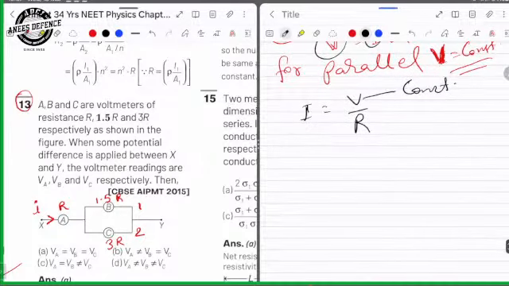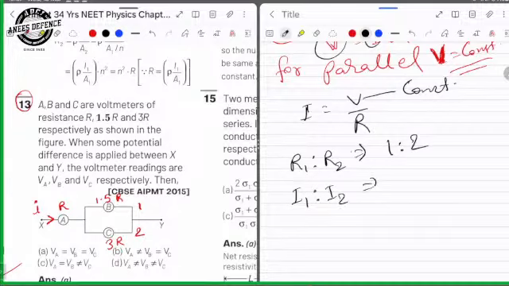Inversely proportional. So if the resistance ratio R1 to R2 is 1:2, then the current ratio I1 to I2 is nothing but what? 2:1. Yes or no? Is it clear?